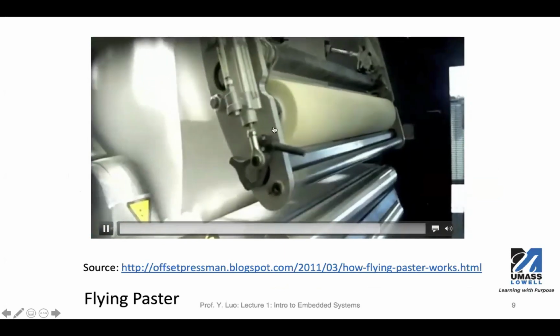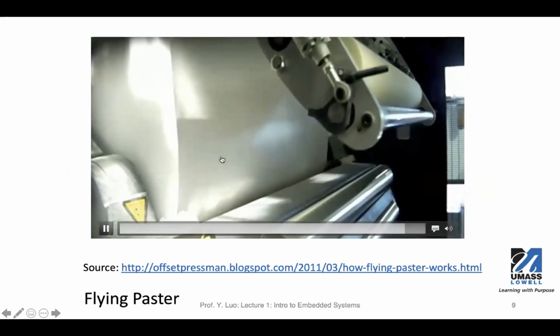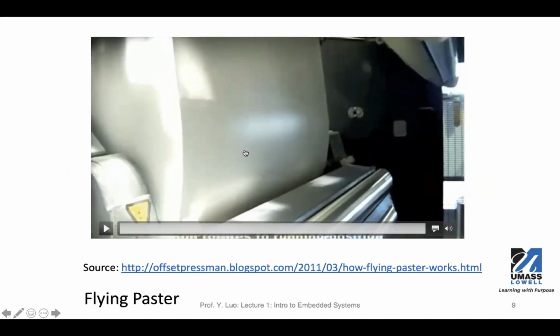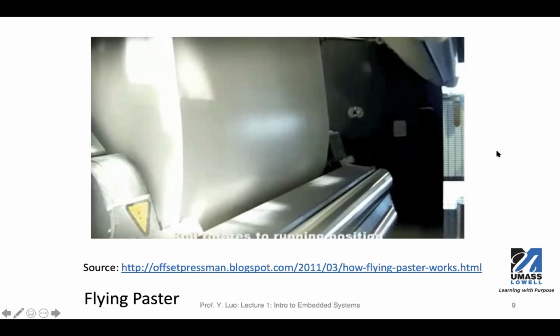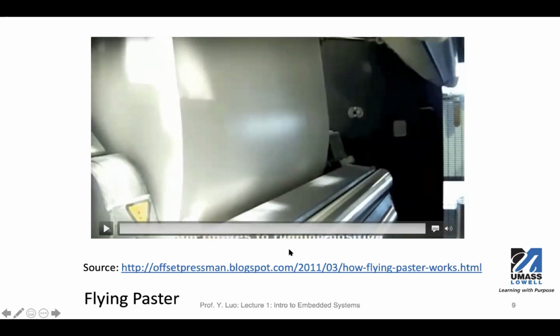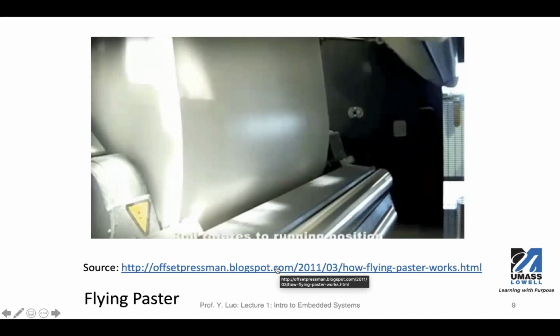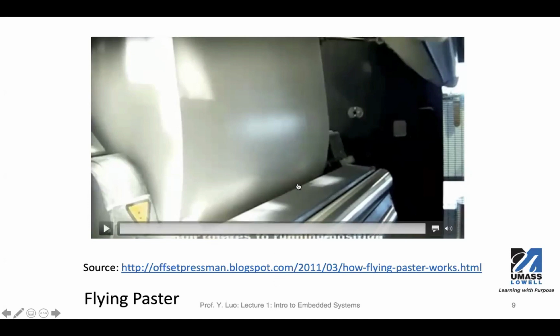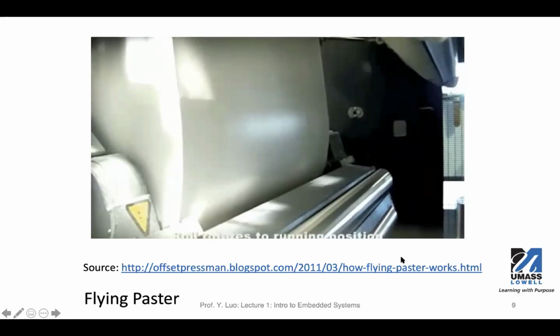Now the old roll is spliced with the new roll, which then continuously supplies these long sheets of paper into these printing machines. This video is actually available on this website. I think what we show here is just a shorter version of it. You can see the complete one on this website.